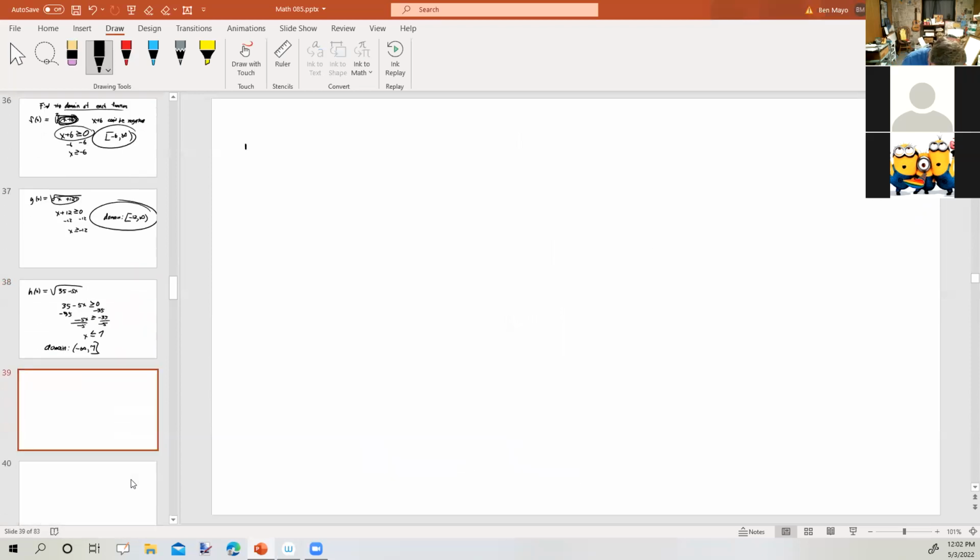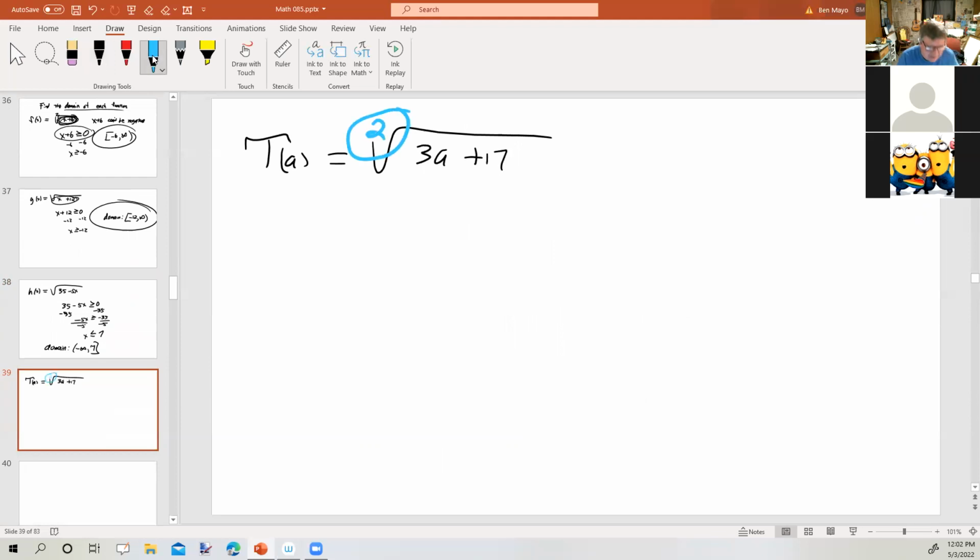Okay. Let's see. T of a equals the square root of 3a plus 17. All right. Since the index is even, and you can't take an even root of a negative number, the radicand, the stuff inside, has to be either positive or equal to 0.